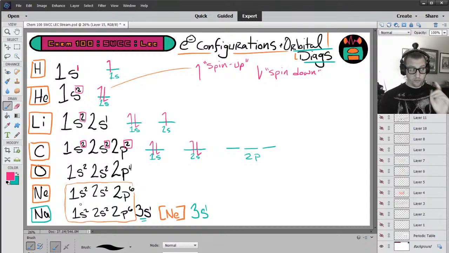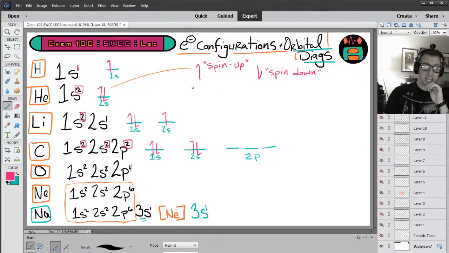Now, you've probably forgotten about this because we haven't used it yet, but this is the first example where Hund's rule comes into play. Remember how with Hund's rule, when we were first writing them out, we said that electrons do not share orbitals unless they have to. In the previous examples, they had to because you always fill the lowest energy orbital first. But here's the thing.